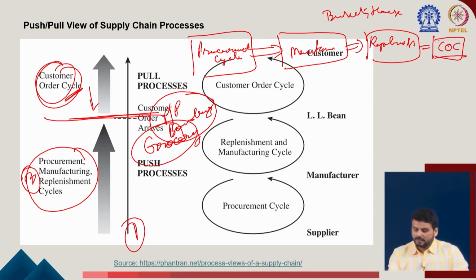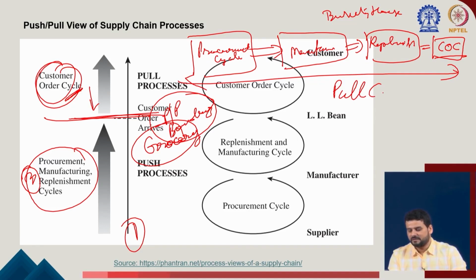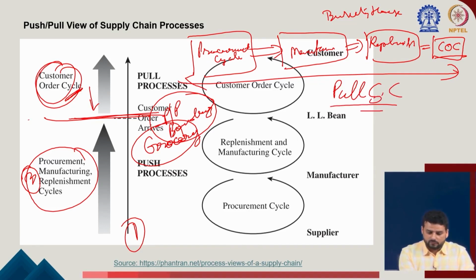See, for this kind of supply chain we obviously need to depend on, the complete supply chain will be a pull supply chain. In this case, we were not having a complete pull or push supply chain.